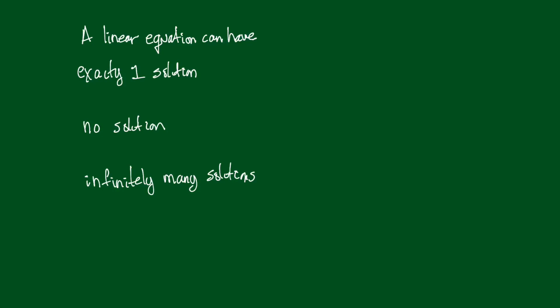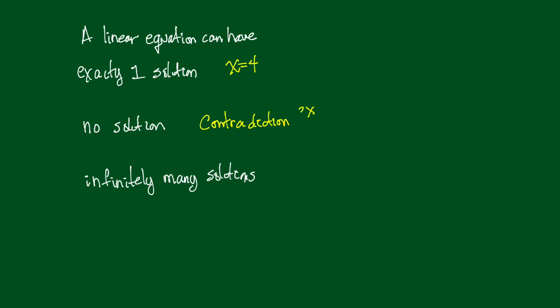Just to summarize, a linear equation can have exactly one solution, no solution, or infinitely many solutions. So exactly one solution is going to look something like this, right? You maybe have like x equals 4, exactly one solution. No solution, this is called a contradiction. Now a contradiction, you're going to end up with something like this. I'll write a couple.